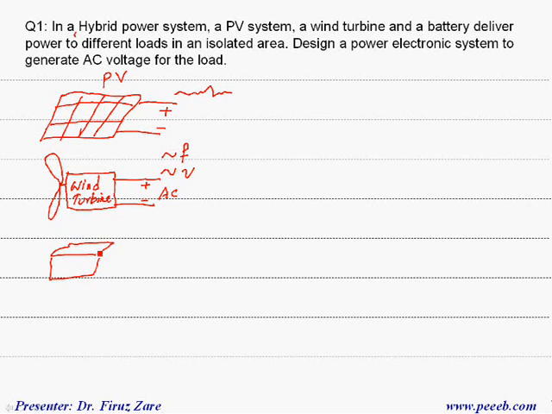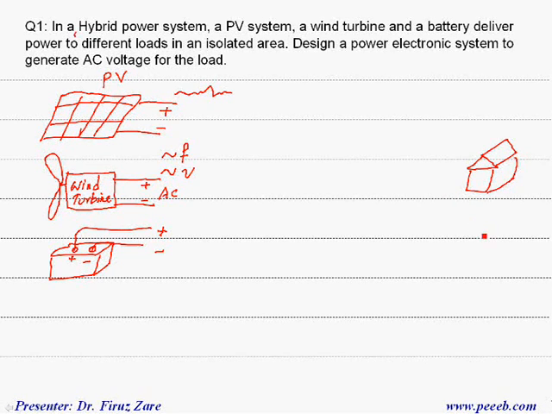and we need this battery as a backup in case we have no wind or no sunlight. Then we need to actually provide power for some of the loads. So this one actually gives DC voltage. If you look at the load in an isolated area, we may have different types of loads, such as home appliances, TVs, and so on.